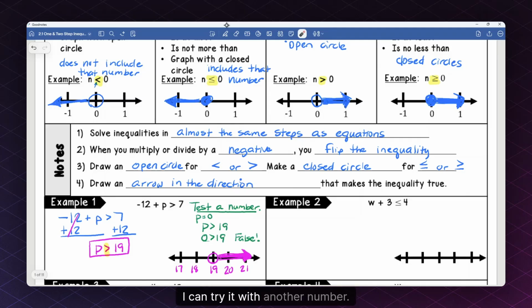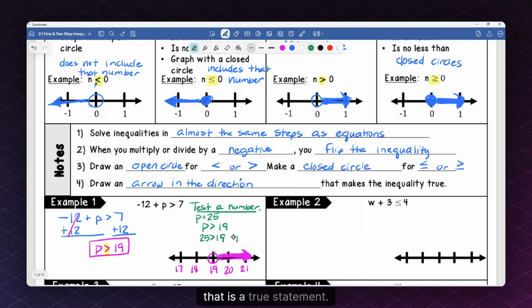I can try it with another number, and let me just erase that real fast. Let's try it with 25. And so I'm going to pick 25, and I'm going to plug it in for P. And so then I ask myself, okay, is 25 greater than 19?